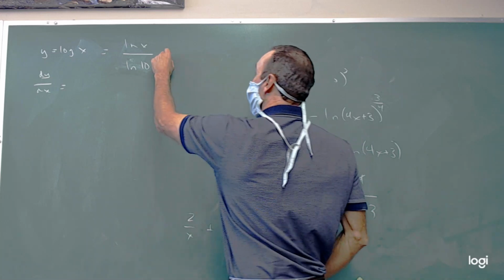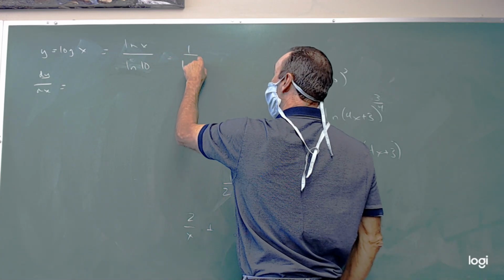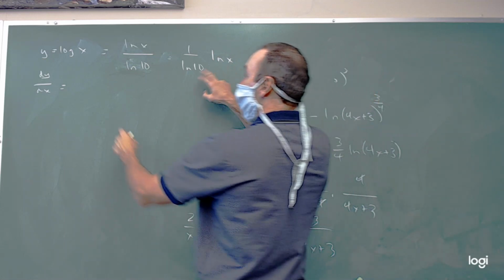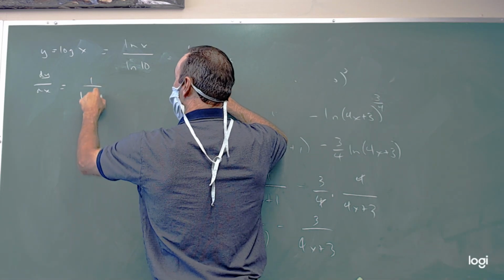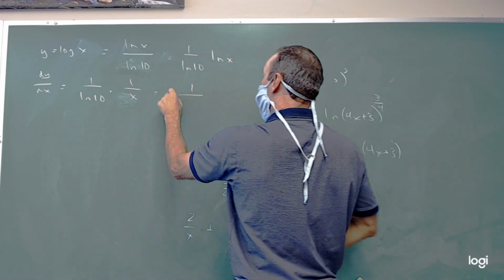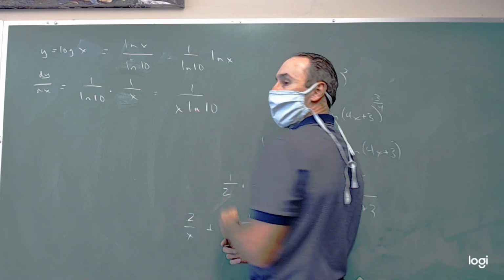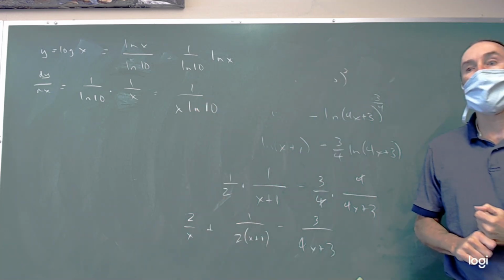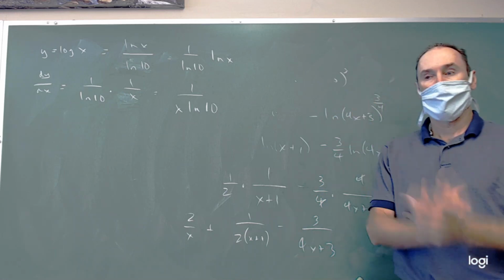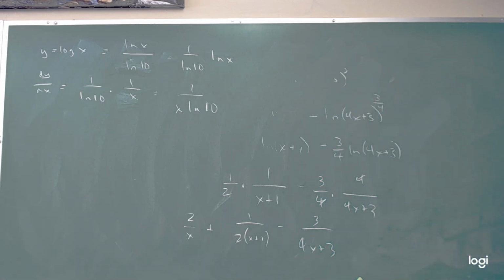So that's really just a constant, weird constant, times natural log x. So its derivative is going to be that weird constant times 1 over x. Okay, and so we'll do a derivative of a logarithm other than base Euler's number. All right. Very good.